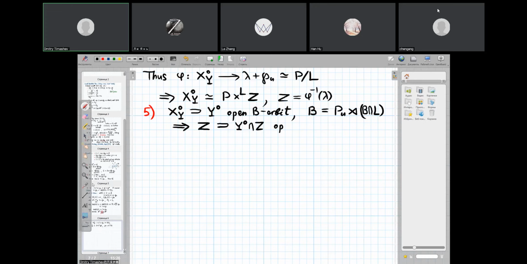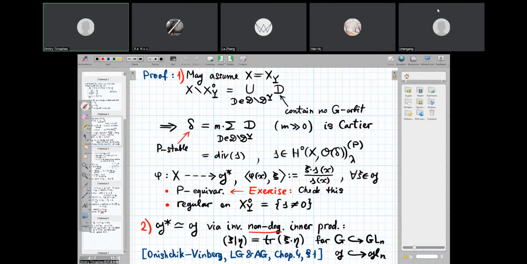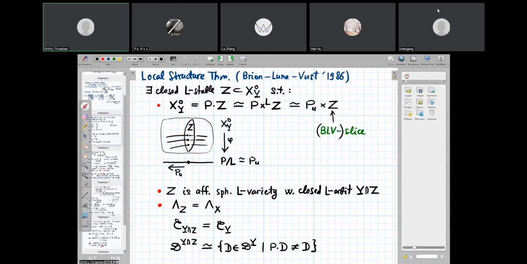And now from what we have proved here, and from this decomposition, we get that the intersection of Y naught with Z is exactly the open B intersect L orbit in Z. Which of course implies that Z is spherical for the action of L, because B intersect L is a Borel subgroup in L. So we have proved part of this second property.